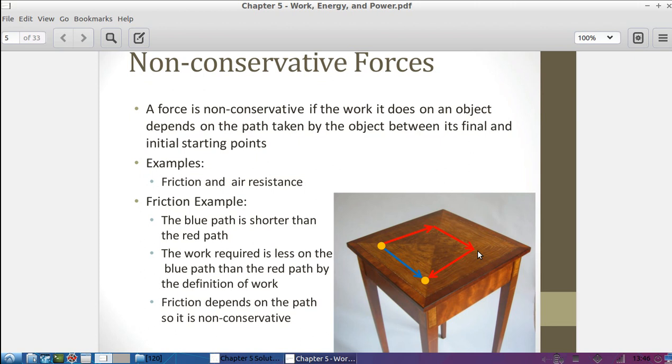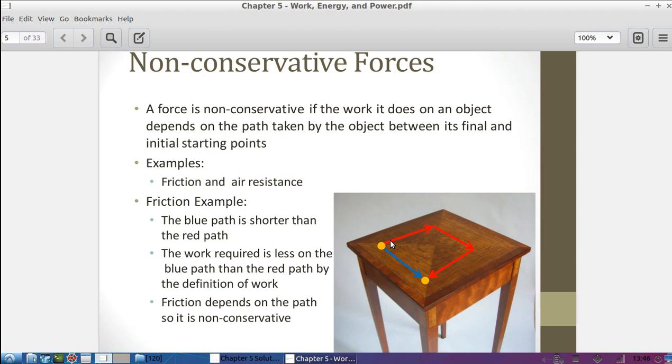Okay. A non-conservative force does work on the object, and the work that it does is dependent upon the path. So take an object and scoot it across the table along the lines of this blue arrow. Okay? Let's say you slide it a foot across the table. So that friction does work on that object that depends on how far it went.